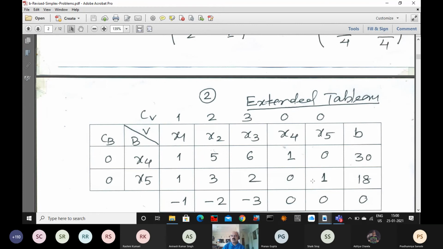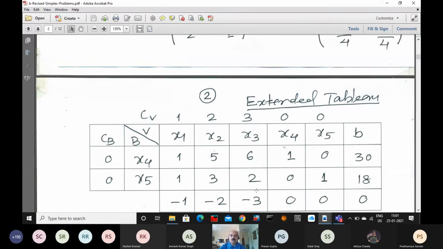They are the basic variables. If you compute, always they will come either 0 or positive. So this will be Y into P1. Y is 0 0. The P1 vector: below X1 there is a column 1 1, that is P1. Below X2 there is a column 5 3, that is P2. Below X3 there is a column 6 2, that is our P3.